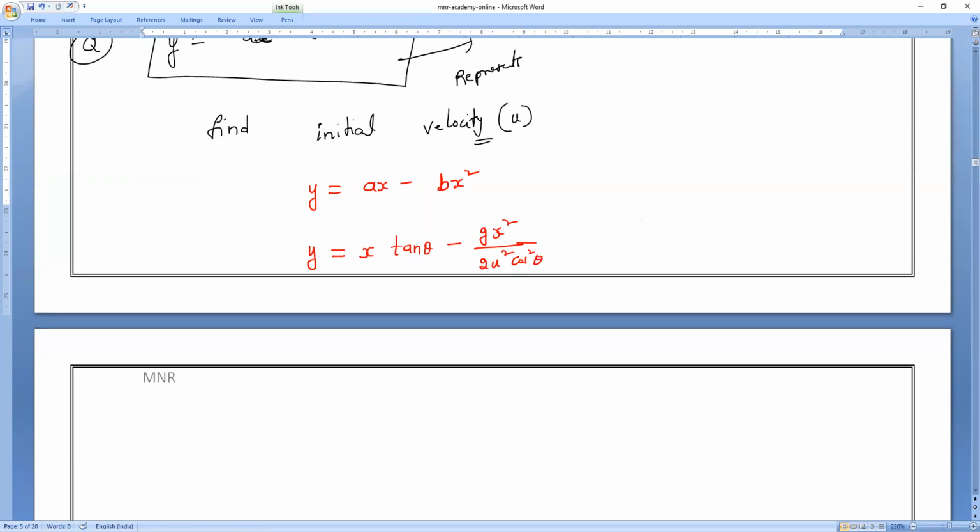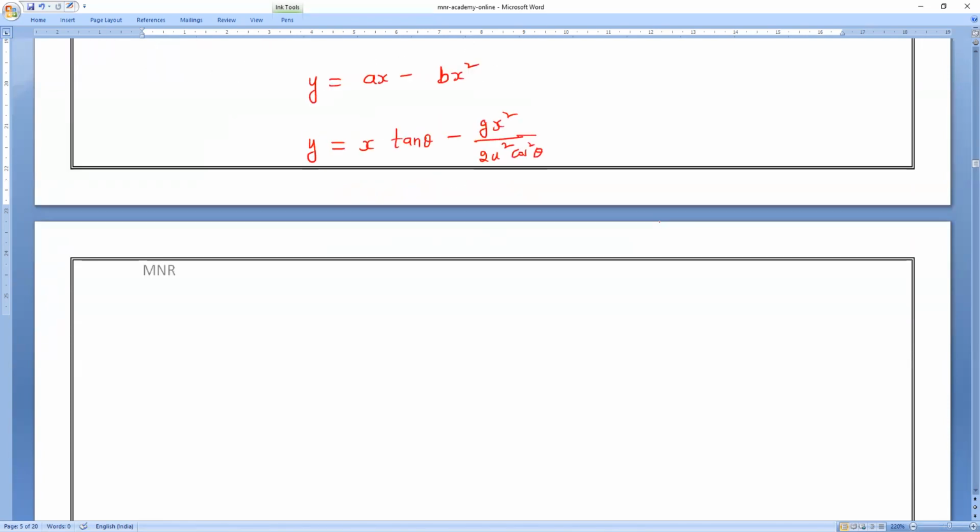Now you just compare it. This is called the ideal equation for trajectory.